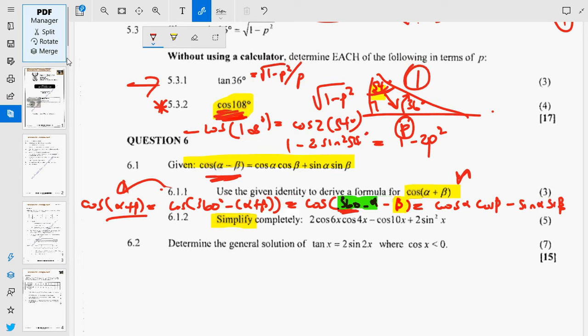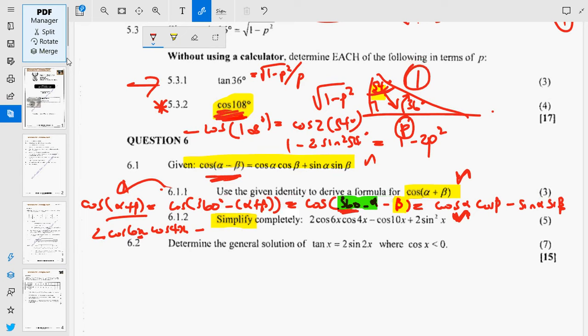So maybe here I'm going to have to use the compound formula I've just derived, or the one given at the beginning. If you look at this, we have 2 cos 6x cos 4x.